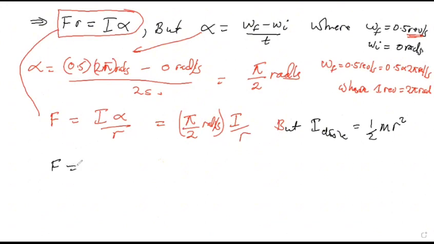So that F is equal to pi over 2 multiplied by 1 over 2 mass times R squared multiplied by 1 over R. So this R and this R will cancel out. Finally, you can put the mass as 150 kilograms and R as 1.5 meters, and put the numbers there, and you'll be able to find the constant force that must be applied in this case.